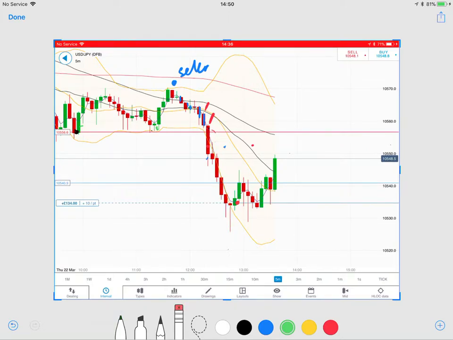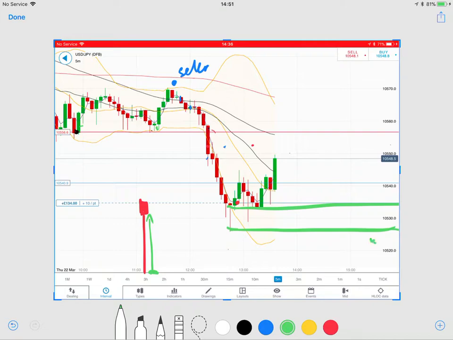When I see a red candle with a huge wick on, that means buyers were so strong that they pushed the price up, let's say from 10,527 to now 10,535. That's 6 pips in 5 minutes. It's a lot.